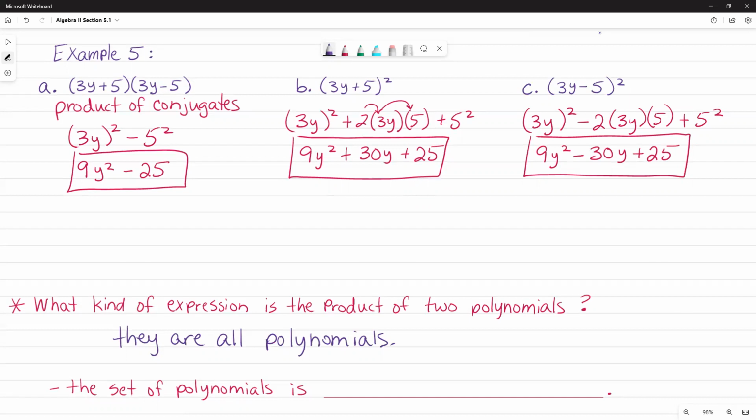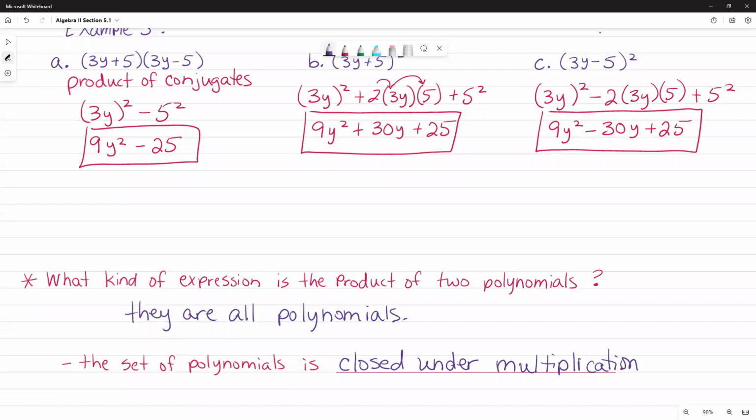So the set of polynomials is what kind of set? What do we call it when the answer is in the same set? Closed. So the set of polynomials is closed under multiplication, and we've seen this in all of our examples.